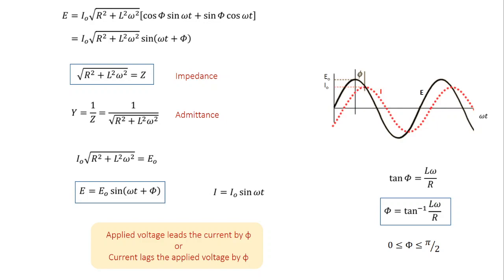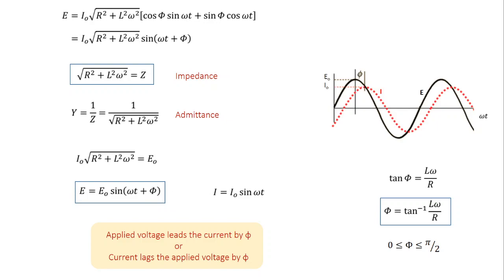Now the EMF equation becomes E equal to E naught sine omega t plus phi. If you compare the voltage expression and the current expression, you can easily make out that the applied voltage in the case of a series LR circuit leads the current by a phase angle phi.